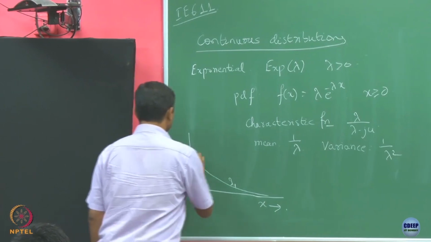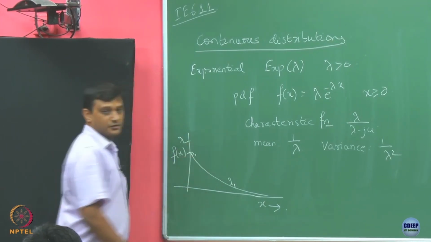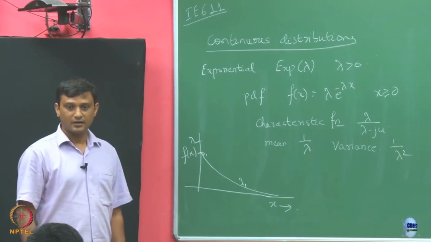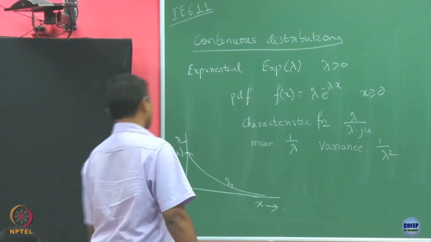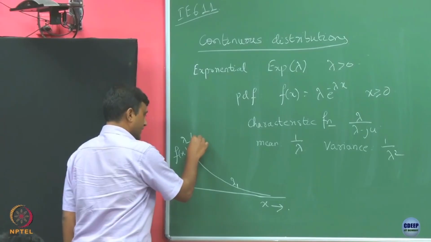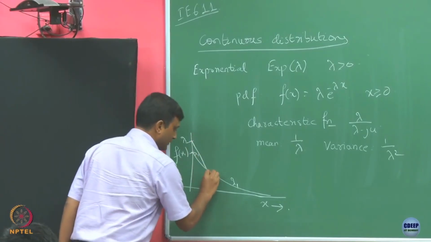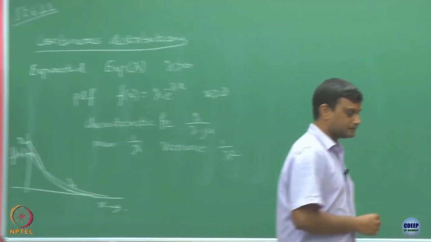How do you think this other function is going to look? At least I know the starting point was lambda 1, and the other point is going to be lambda 2. It is going to fall much faster, right, because lambda is in the exponential term. So it will start higher, but it will decay much faster.